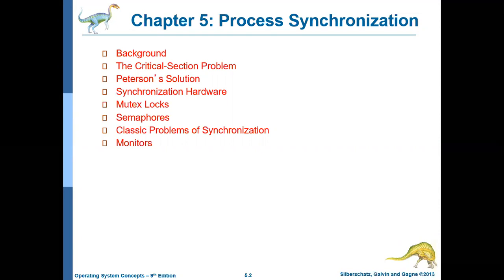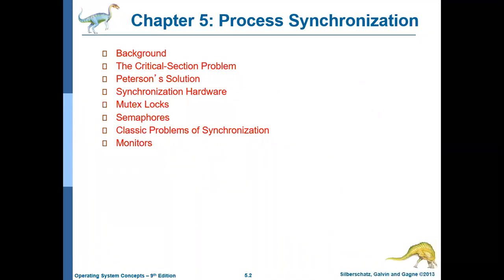We'll be discussing that with an example, and then we will be discussing the first solution that was given to the critical section problem, which is called the Peterson solution. So we'll understand how the Peterson solution works. Followed by that, we'll be discussing several other solutions for the critical section problem, which were hardware based and software based.